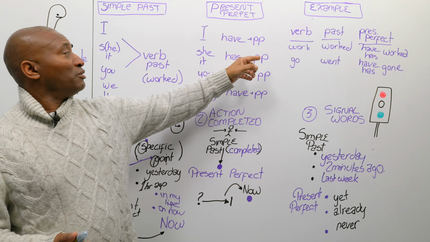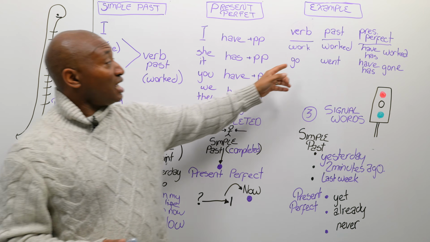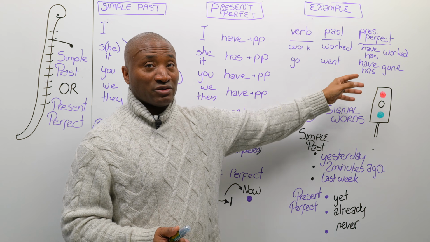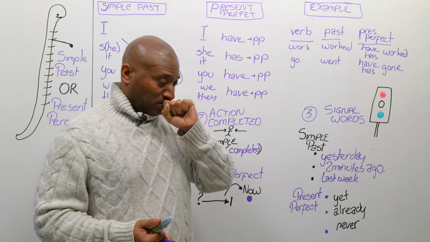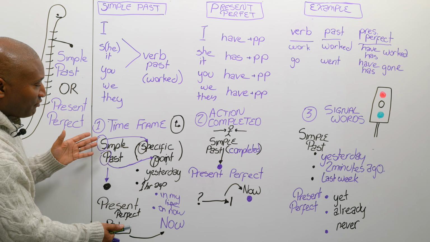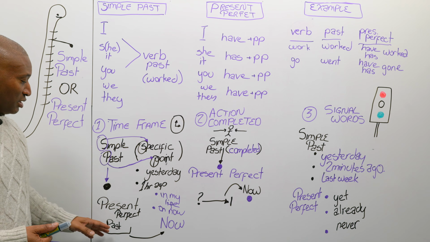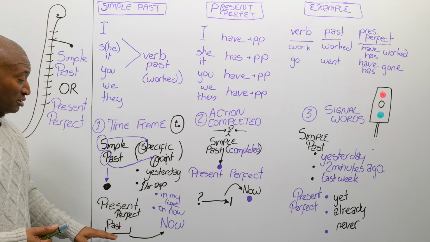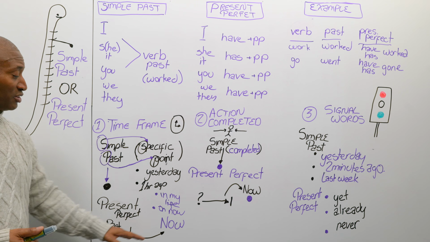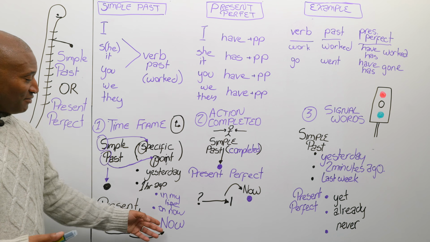Present perfect, also past participles, we can remember that. That's what PP stands for. Then I gave you a couple of examples on how it can change. And okay, now I know what it looks like. How does it work? Well, we went through time frames telling us when we're working here, we have a specific point, but here we just know something happened in the past. We've got no clue when, but then we just are now. But it's important what happened in the past because it affects us now.